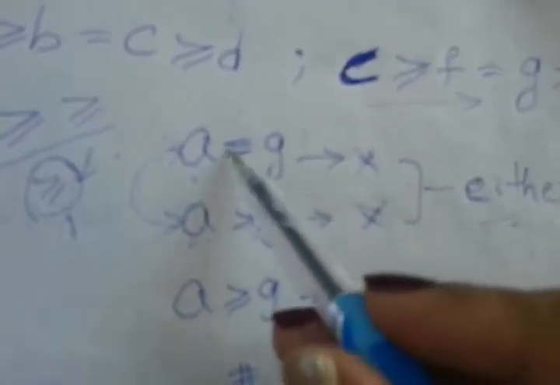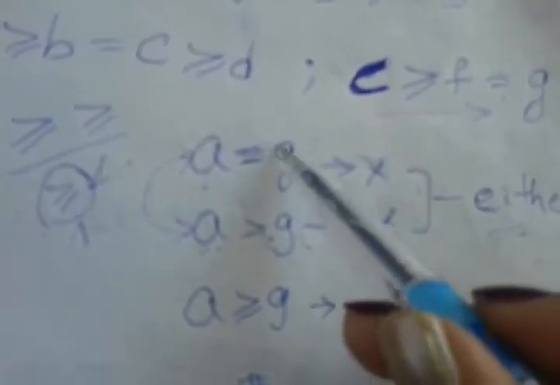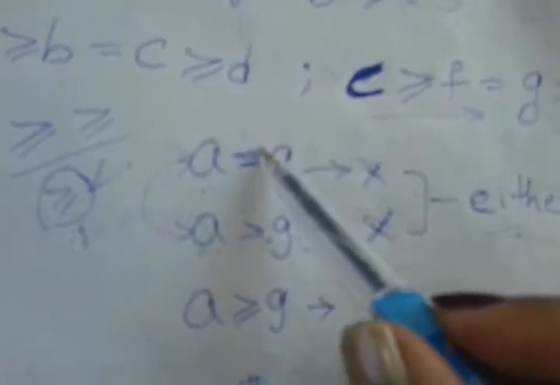So concentrate on this. If the greater than or equal to symbol is there, only then it's correct. But here, equal to by itself is wrong, greater than again wrong, but any one of them can be right. In this case, if it is equal it cannot be greater, and if it is greater it cannot be equal. So we will say either greater or equal to is my answer.